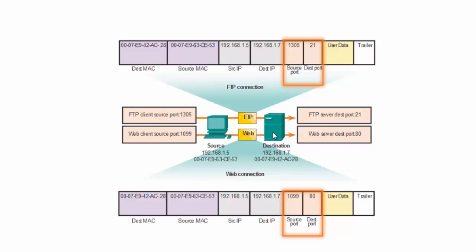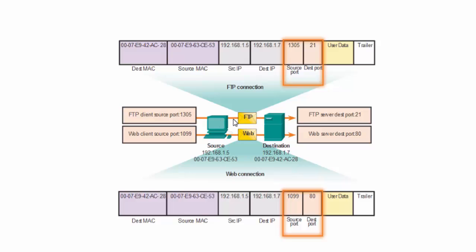So this destination host may be running multiple servers, one for FTP and one for a web server. In that case, the transport layer will put a destination port of 21 for the case of FTP communication, and will put a destination port of 80 for the case of web communication. So we can maintain those two connections or two communications at the same time from that source to that destination.